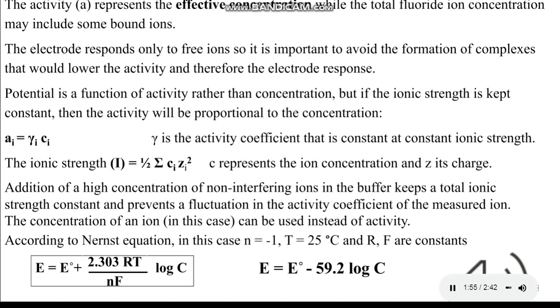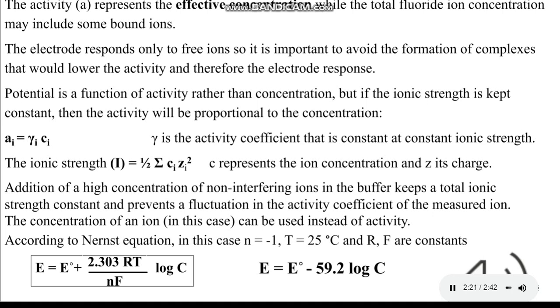Besides, you can use the constants R, temperature, n, and Faraday to identify these parameters in the Nernst equation. In fluoride ion selective electrode, n equals -1 electron, and temperature is 25 Celsius, which is converted to Kelvin.